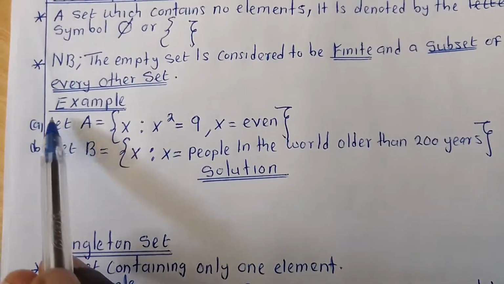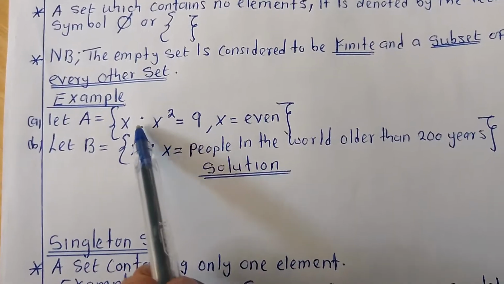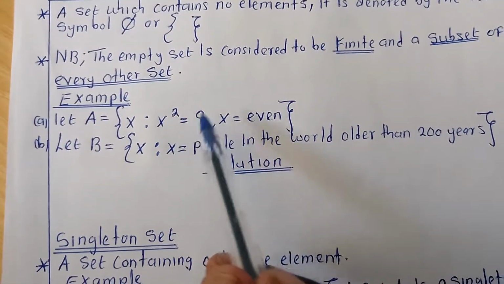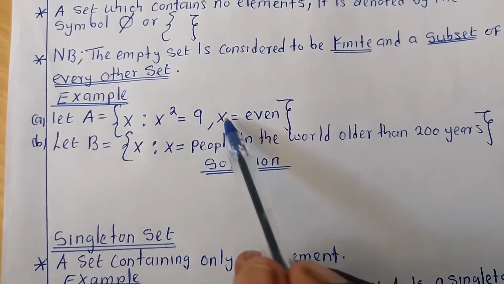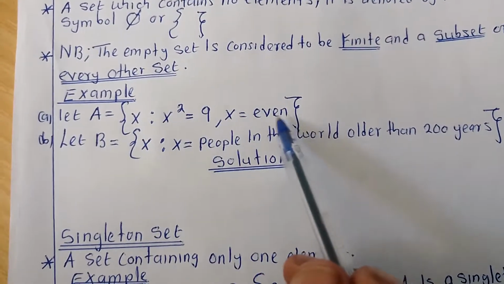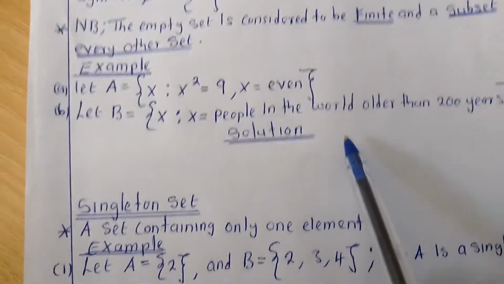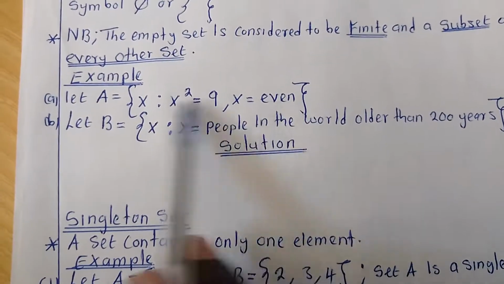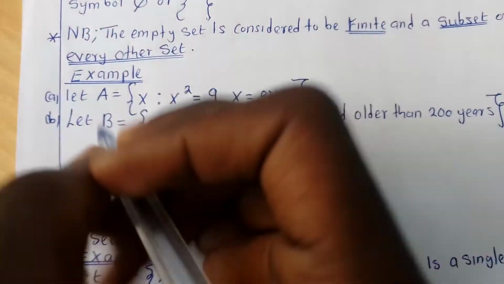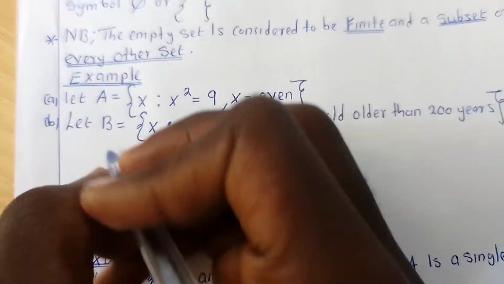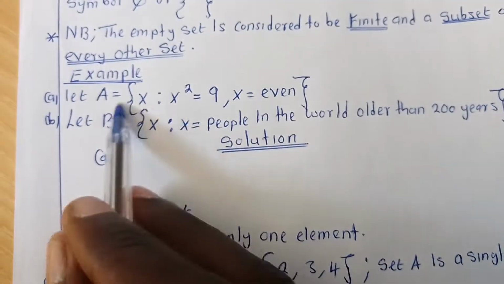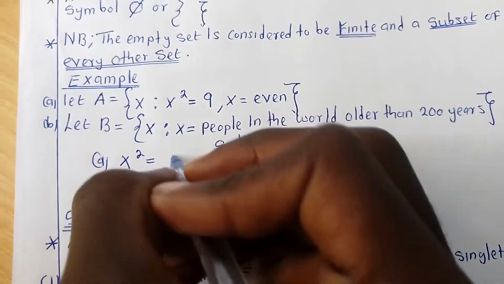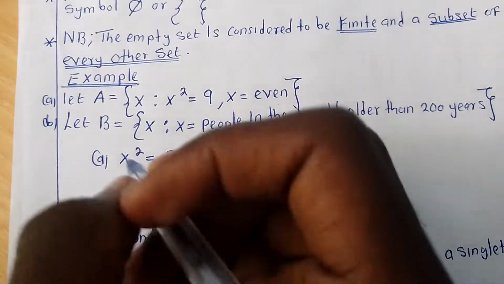They are saying, let A equal to x such that x squared is equal to 9, such that x is an even number. For the first question, they want us to find or to define this set. Let me solve this one. I know that x to the power 2 is equal to 9, right?